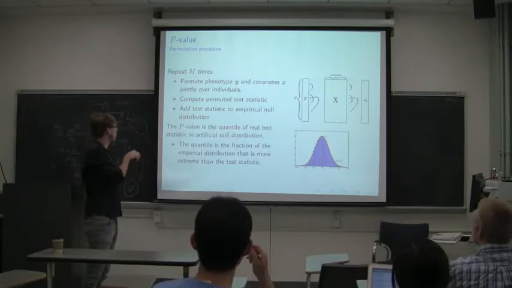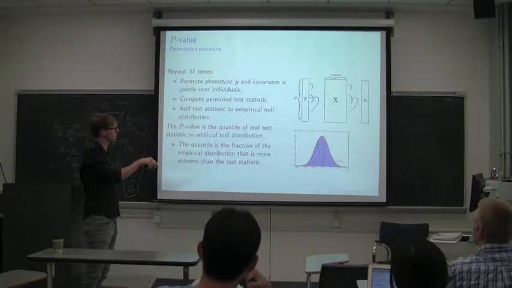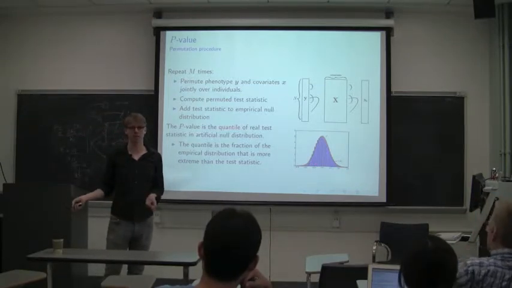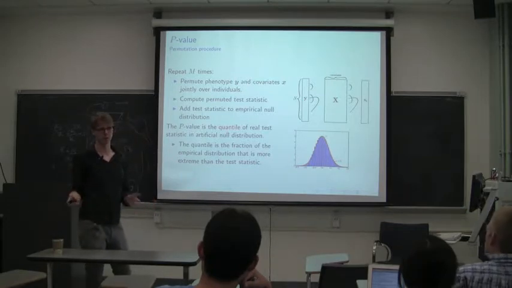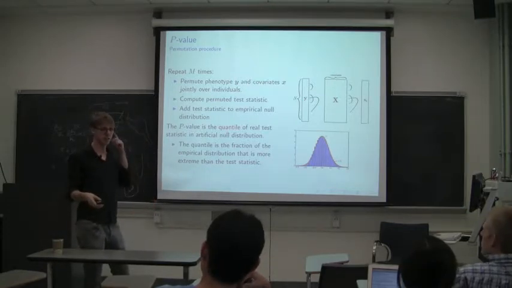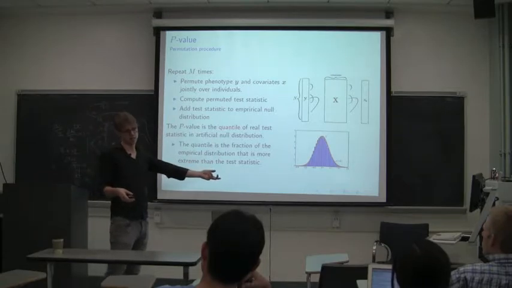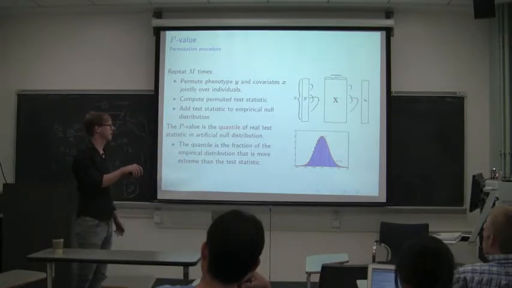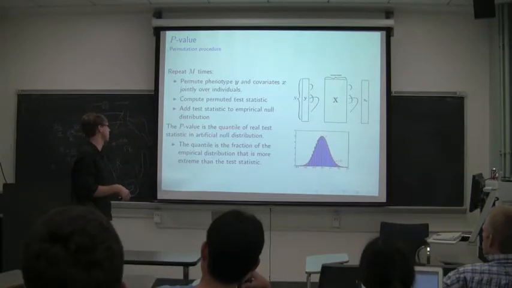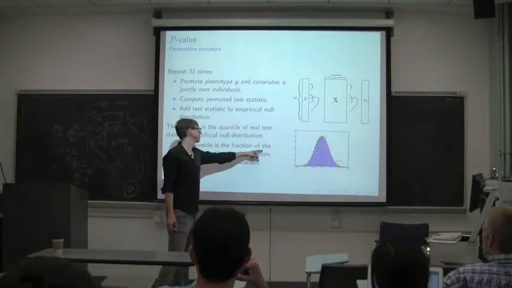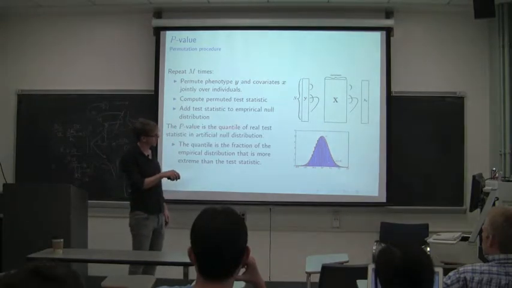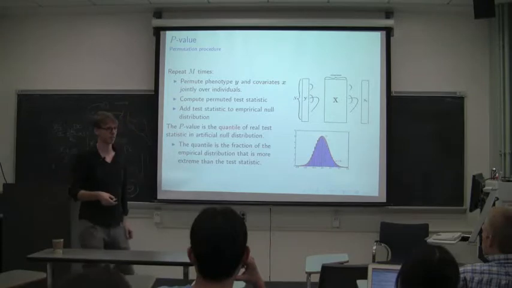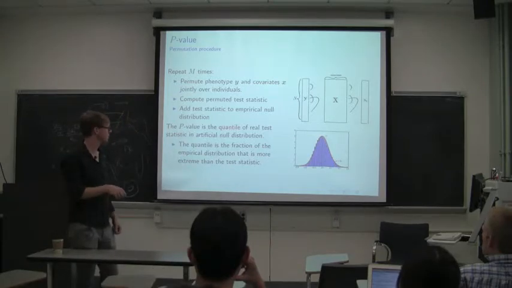And then now we can take this empirical distribution and just look up how many more extreme values we observe. So we can read off the quantile of our actual tests in that empirical null distribution. So it's the fraction of these empirical nulls that is larger than, or more extreme. That gives us the p-value. So it's the amount of mass.